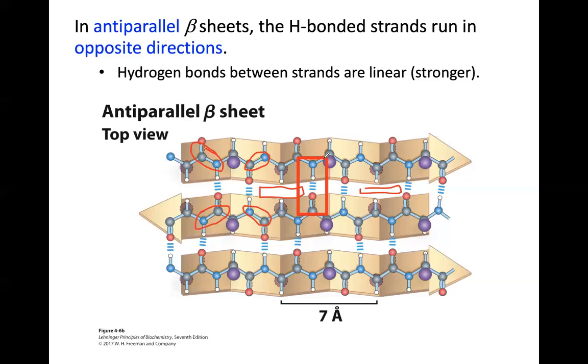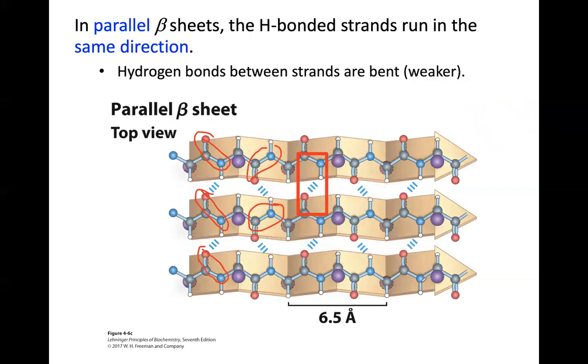So keep in mind that if you have the anti-parallel beta sheet, it will be something like this, right? This going in this direction, this going in this direction. So this will be anti-parallel. If you have parallel, it will be something like this.